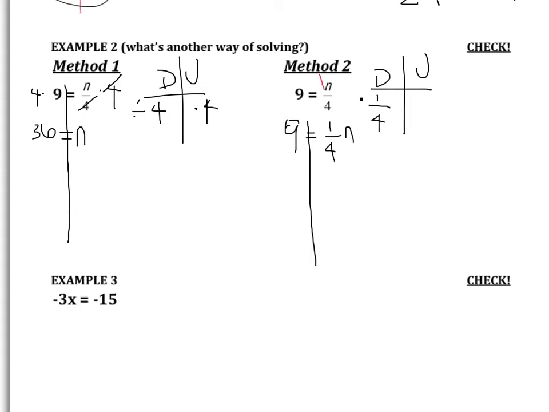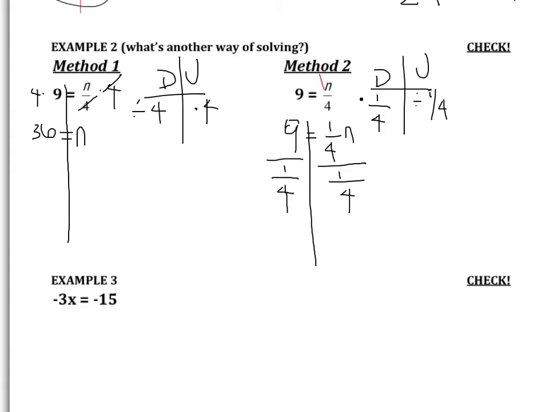How do you undo multiply by a fourth? You divide by 1/4. Remember that bar means divide. Divide by 1/4, and on the left side, I'm going to divide by 1/4.